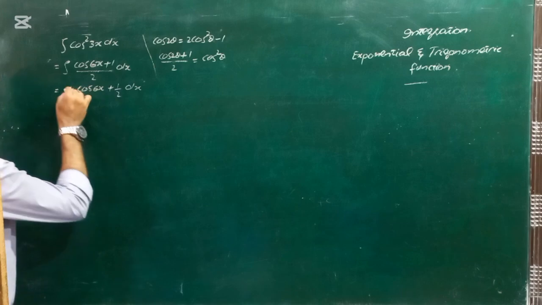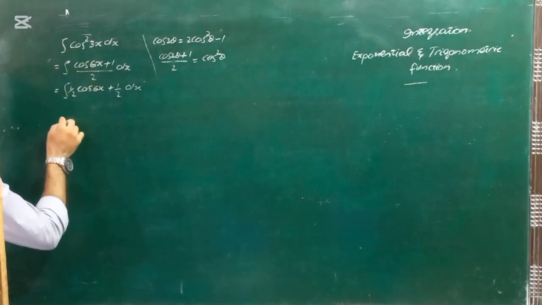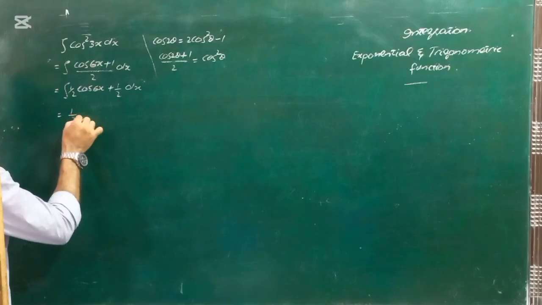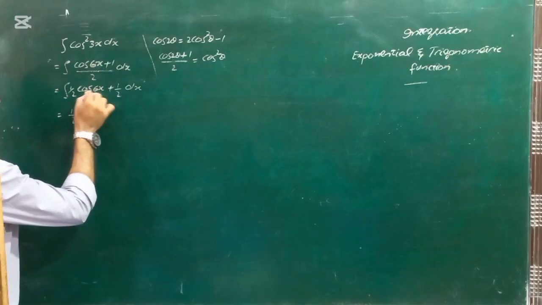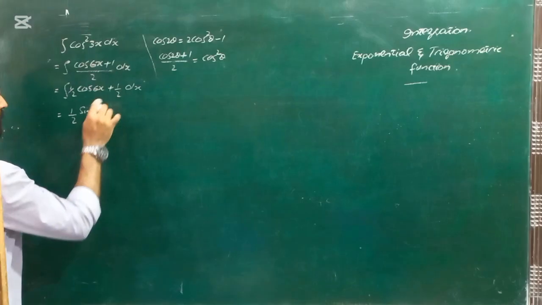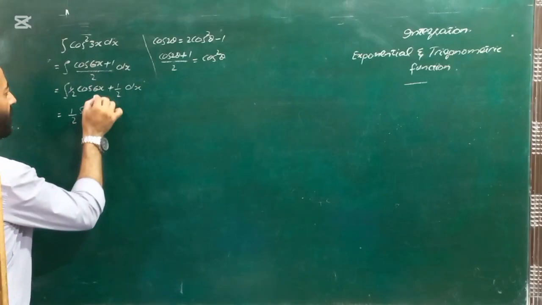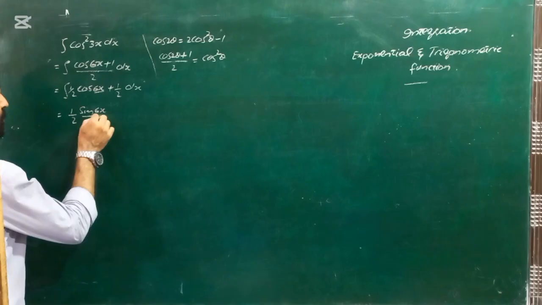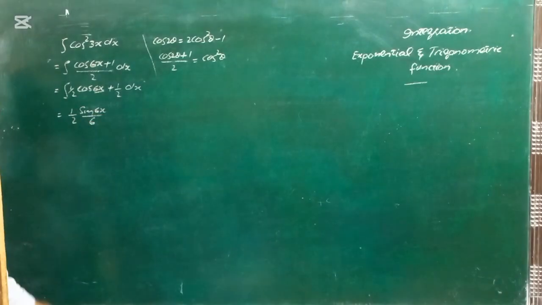dx sign of integration. So now we will integrate it. So 1 by 2 is the coefficient. So cos integral is sine. So 6x will be placed first time as it is. Then we will take the differential of 6x, that will be 6. So we will put 6 into the denominator.